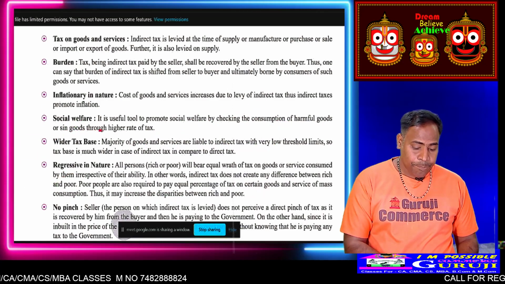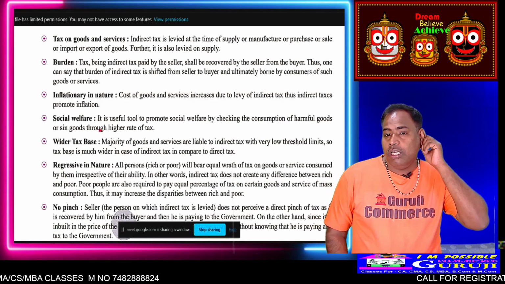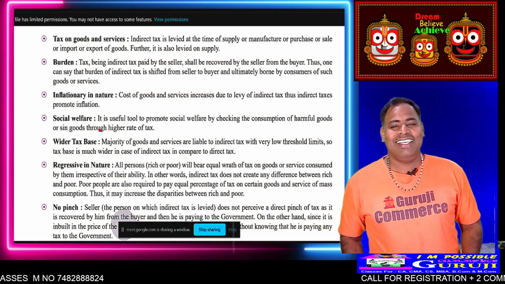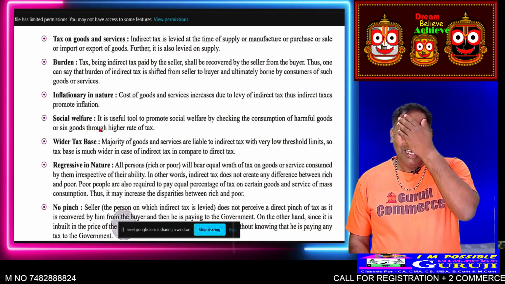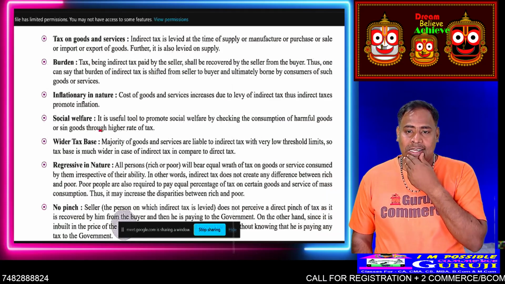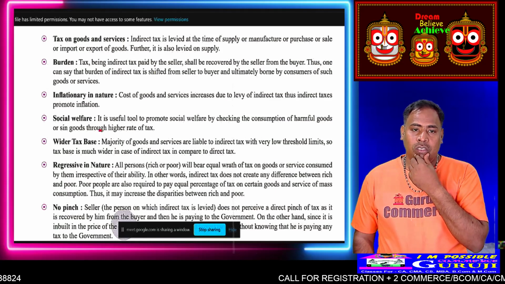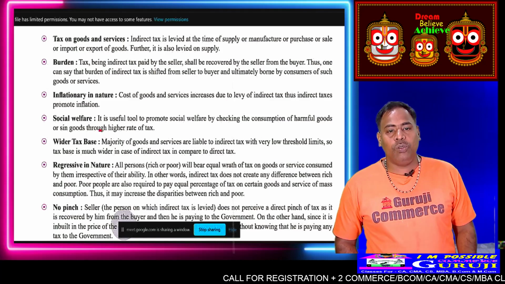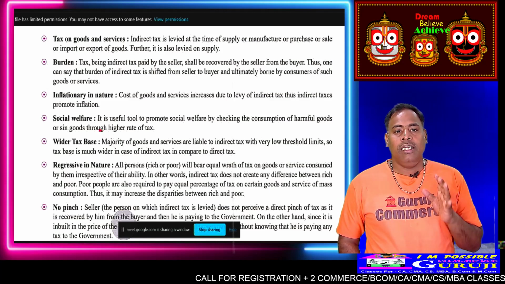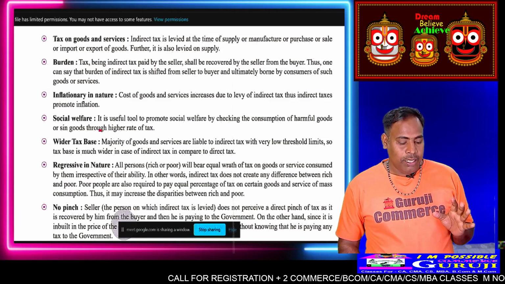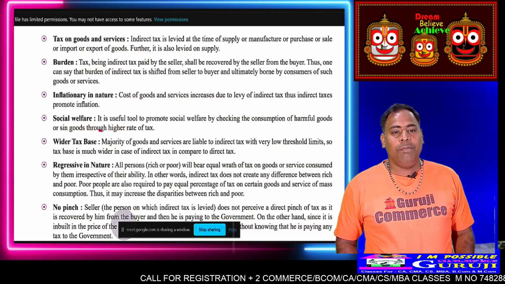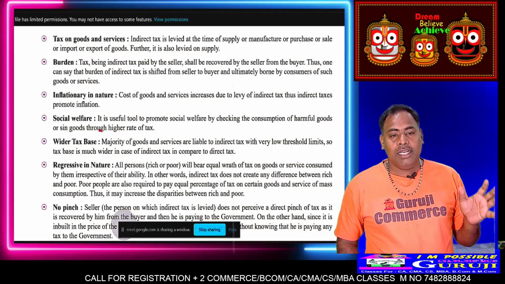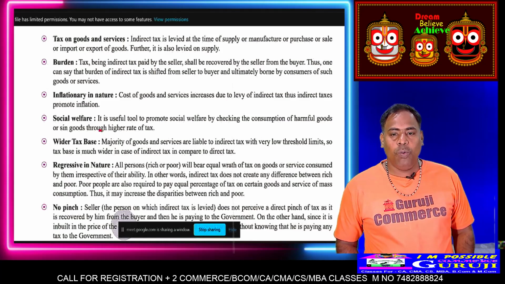First, what is it? Okay, fine, close this. Hello, Chinmay. First, tax is on goods and services. Second, it is burden. Third, inflationary in nature, social welfare, wider tax base, then regressive in nature, no pinch.